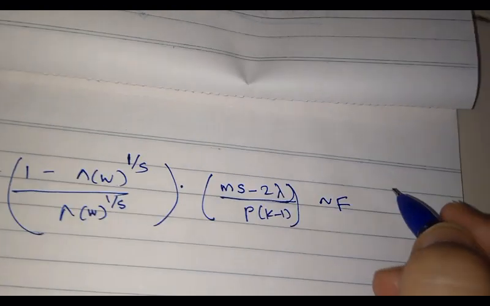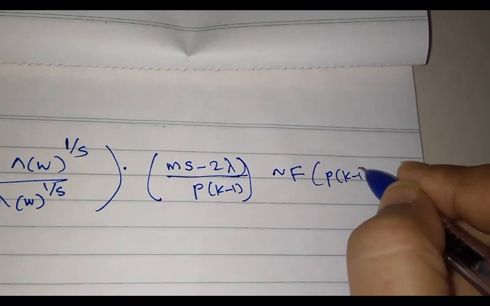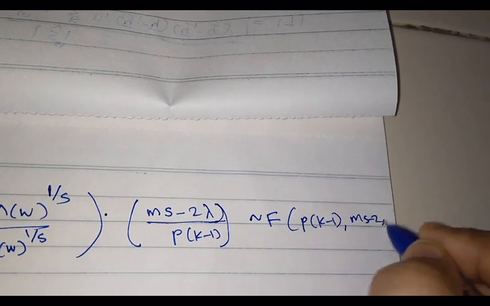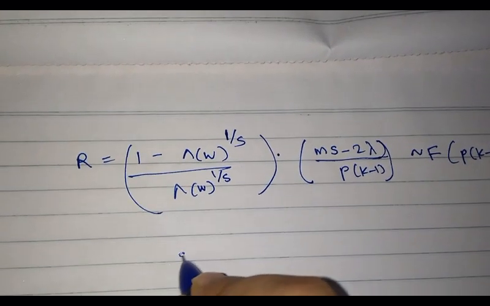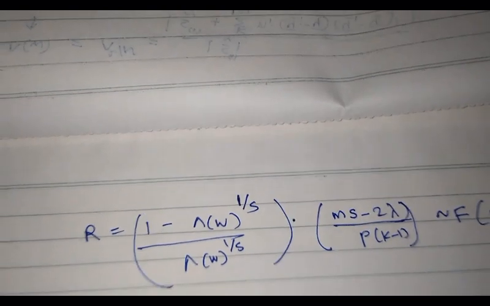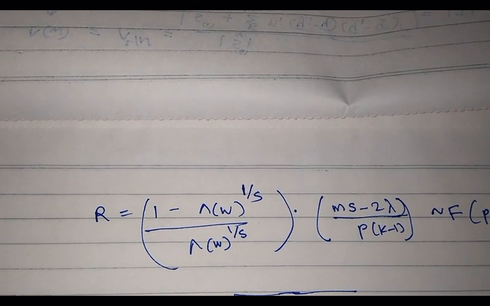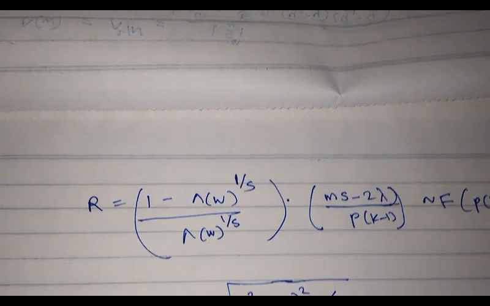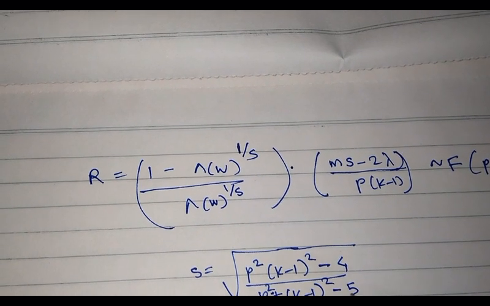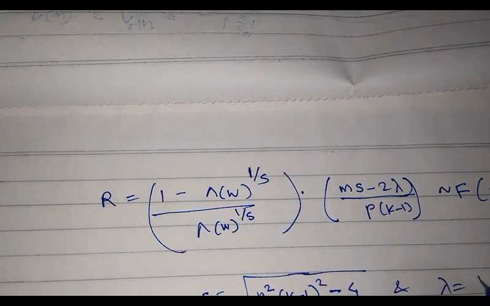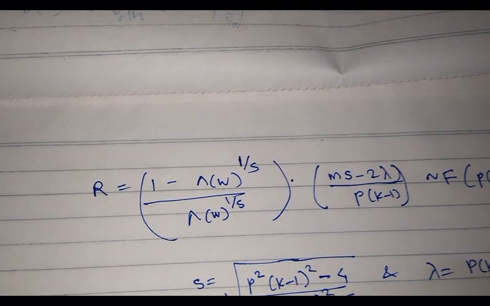This follows F with p into k minus 1 and ms minus 2 lambda, where s is some complicated form. Let me write it down. S is square root of p square k minus 1 square minus 4 divided by p square plus k minus 1 square minus 5, and small lambda is p into k minus 1 minus 2 divided by 4.